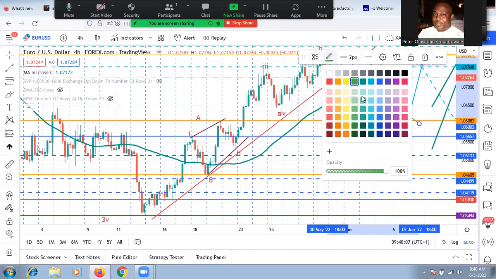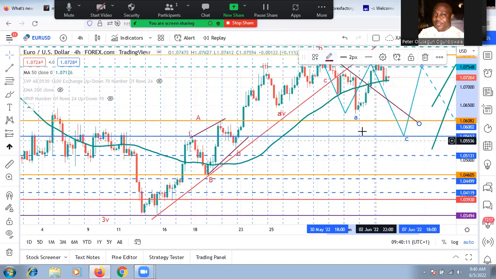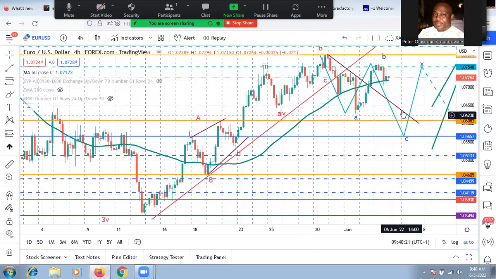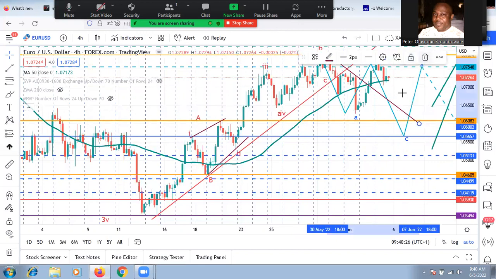I hope too much drawing of structure is not confusing you. Don't look at all these ones anymore. When you look at this, this is A. A has been broken to the upside. That marks the end of A, okay? So we know that A has ended.